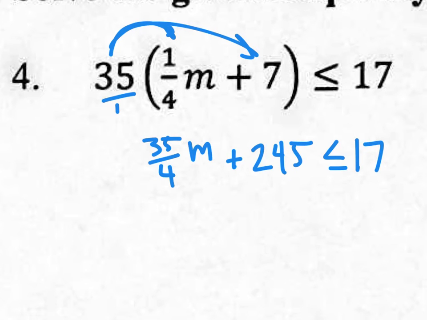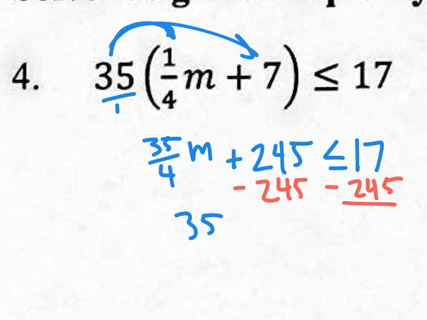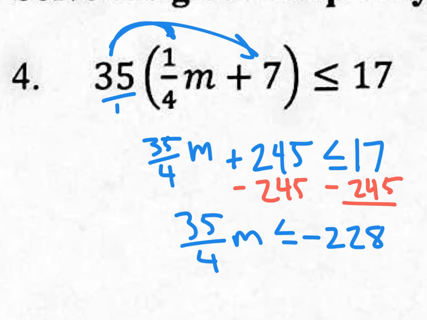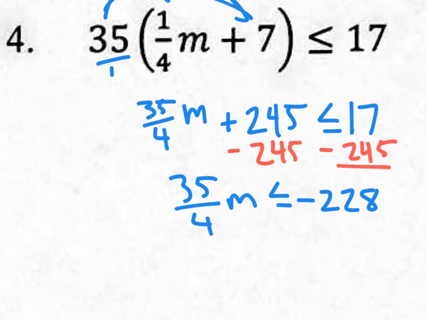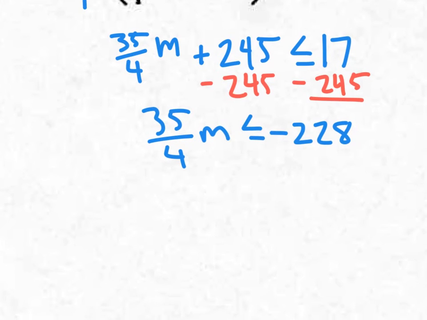All right, so let's subtract 245. Subtract 245. Calculator time, 17 take away 245. That's negative 2 what? 228. Okay. So we have this blue inequality right here. And what do I do now?